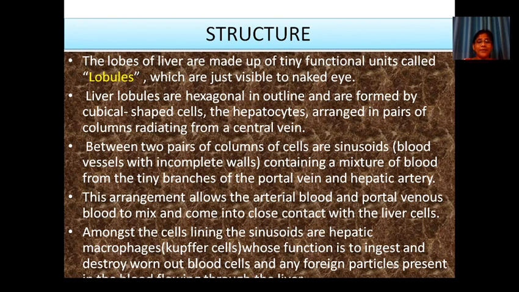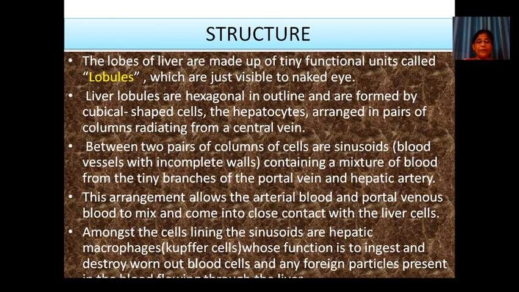These sinusoids are also known as blood vessels with incomplete walls. These sinusoids contain a mixture of blood from the tiny branches of the portal vein and hepatic artery. This arrangement allows the arterial blood and portal venous blood to mix and come into close contact with the liver cells. Among the cells lining the sinusoids are hepatic macrophages.